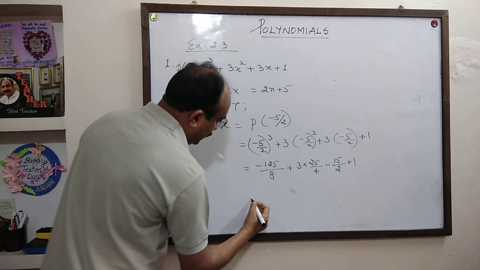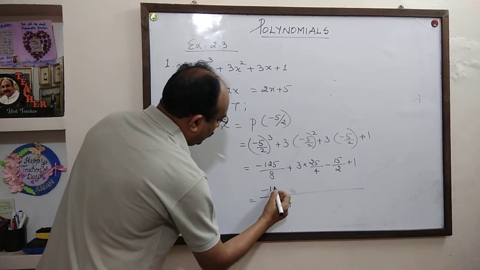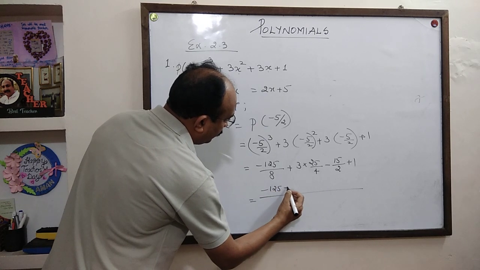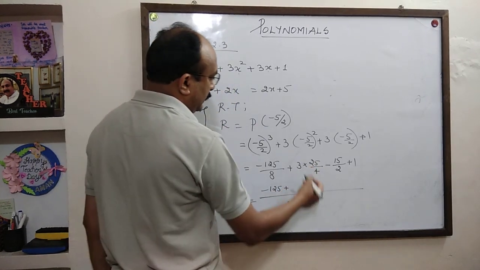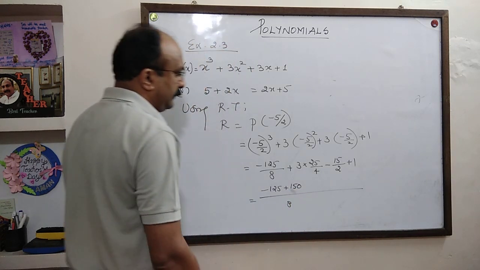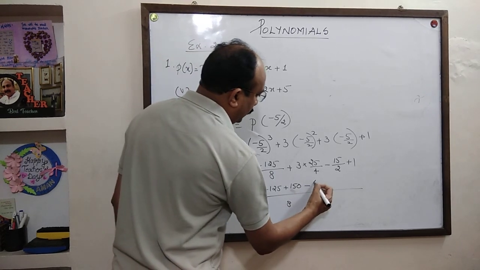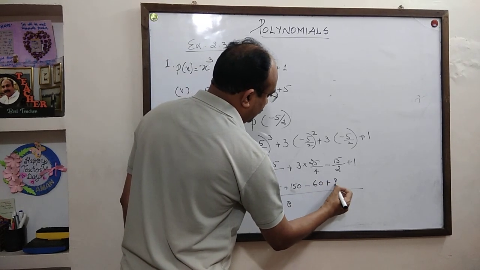LCM of 8, 4 and 2 is 8. Minus 125, okay, 25 into 3 is 75, 75 into 2 is 150, minus 15 into 4 is 60, plus 8.